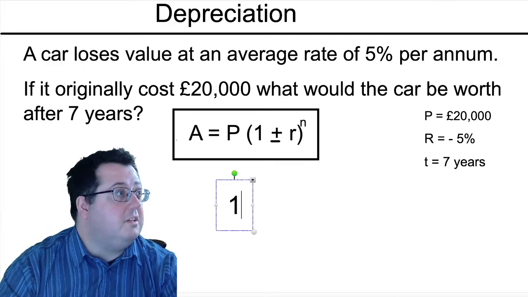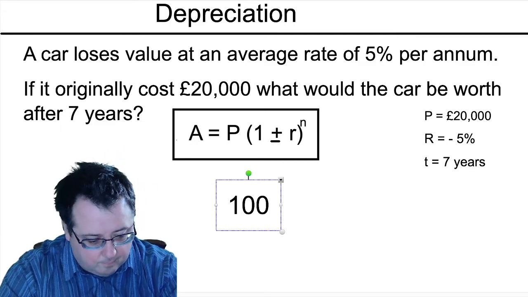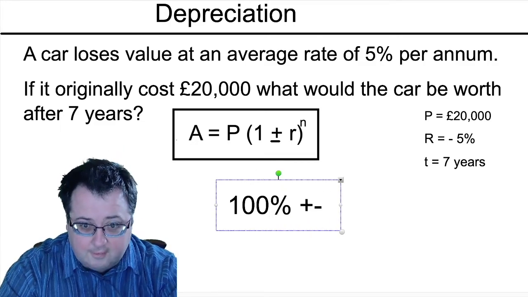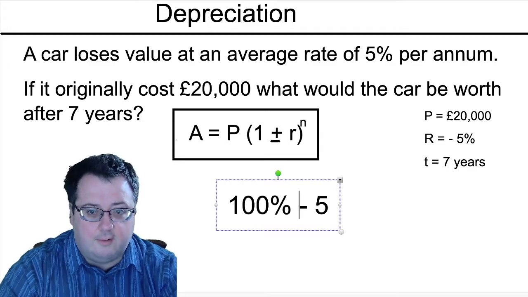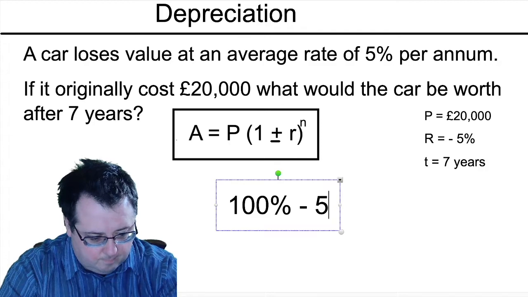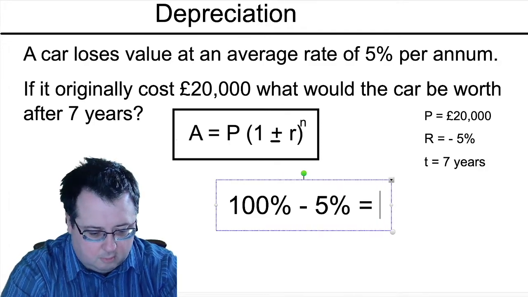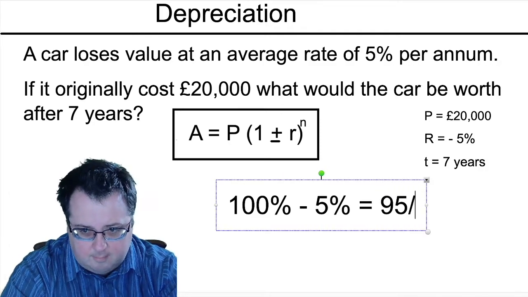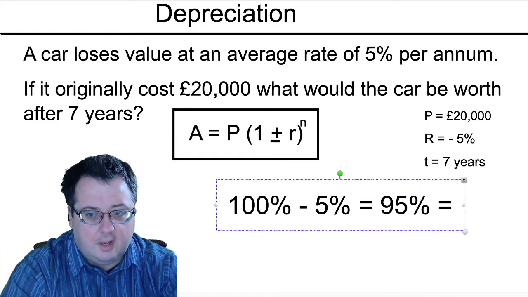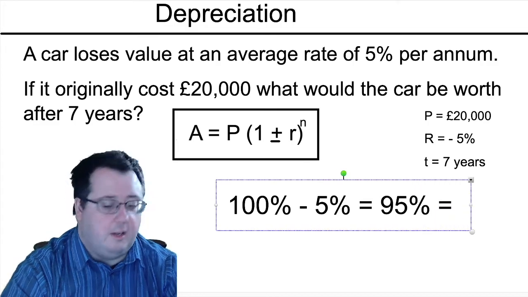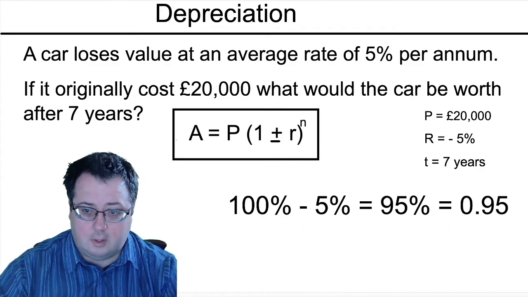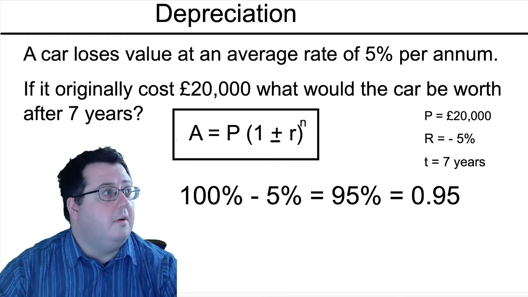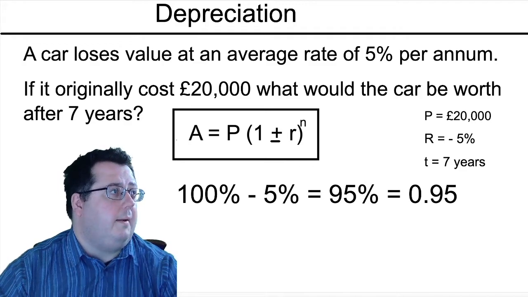You need to think of it in terms of 100%. Take away 5%, not plus, minus. Take away 5% equals 95%. And if I divide 95 by 100, that's going to be 0.95. That's the first thing.